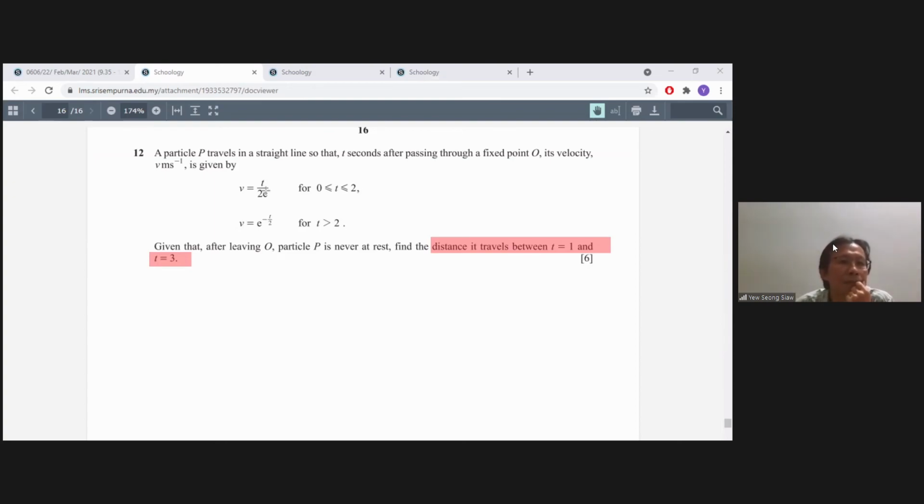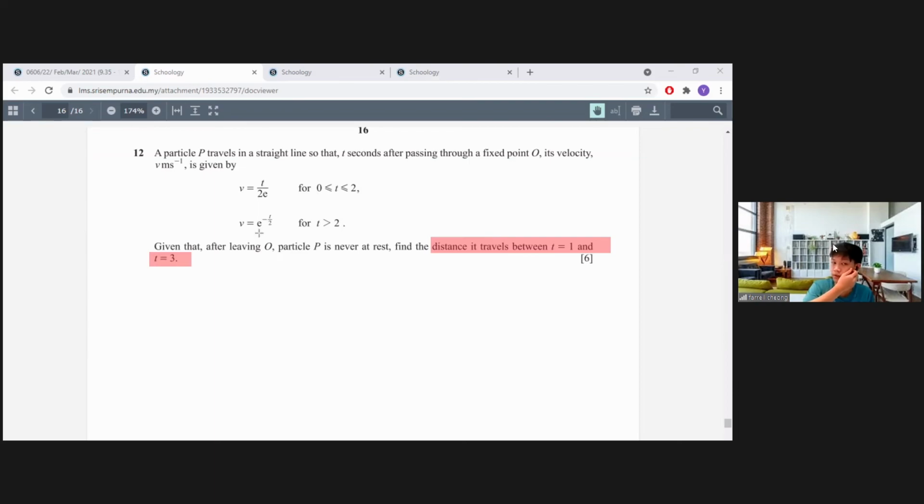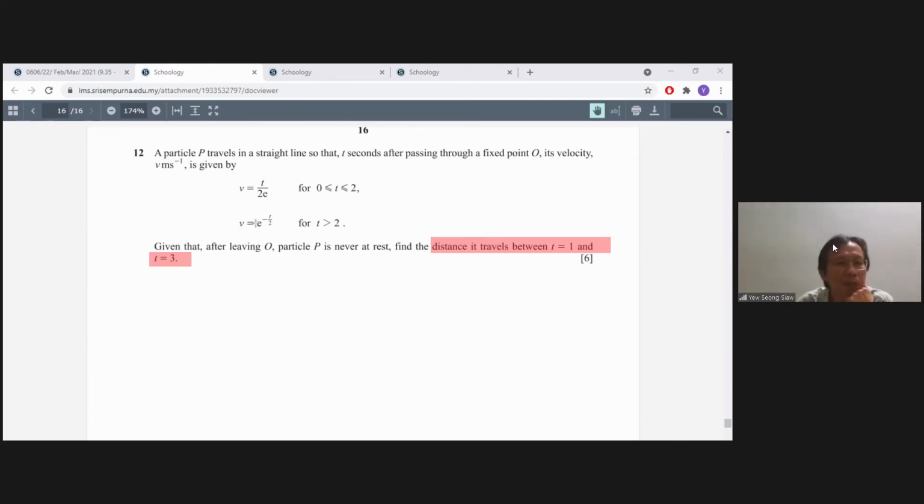Next. Yeah. Okay, next. You integrate the bottom one. v equals e to the power negative t over 2. So integrate this, you get the s. After that, sub in 3. Then you find the position at time 3.